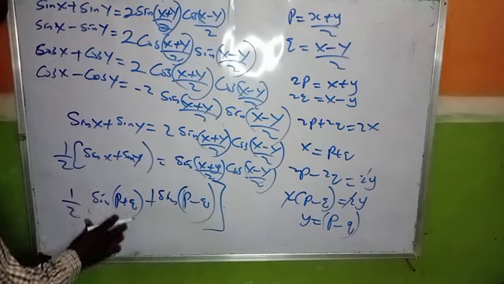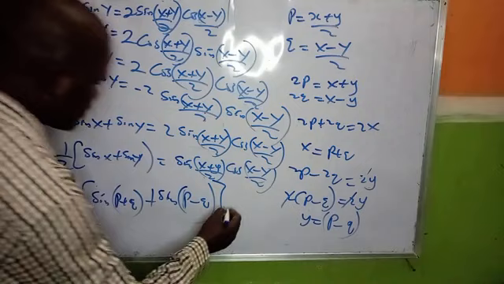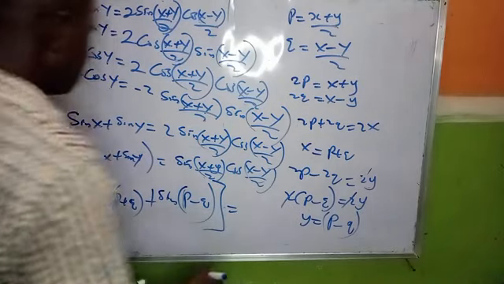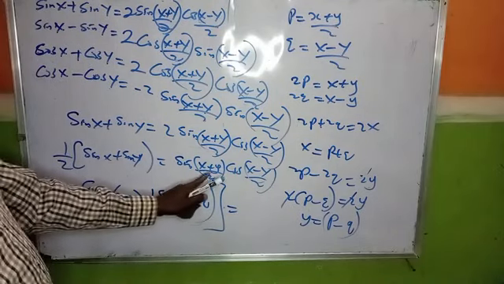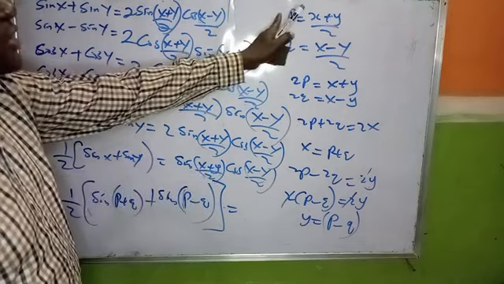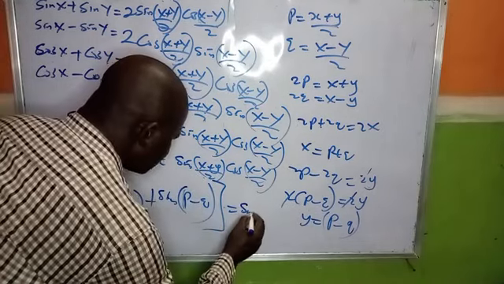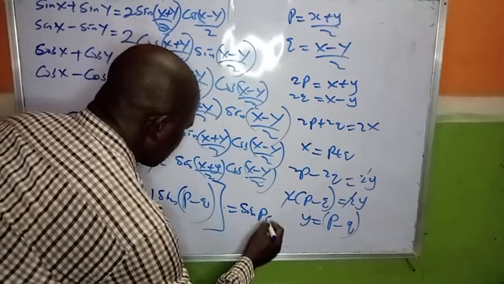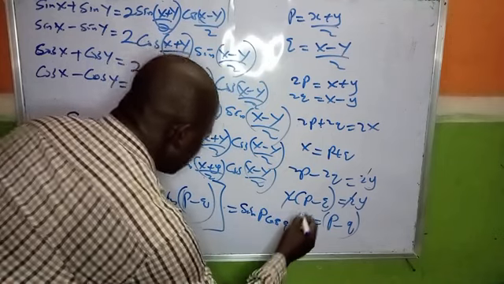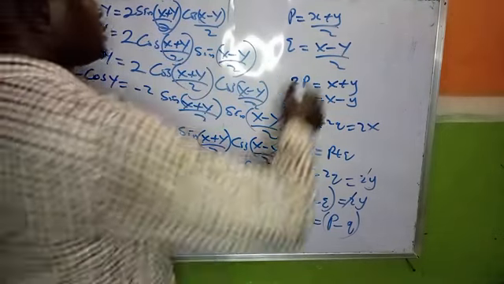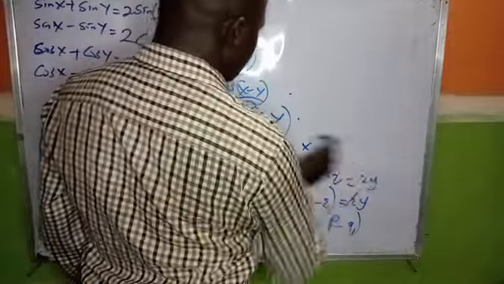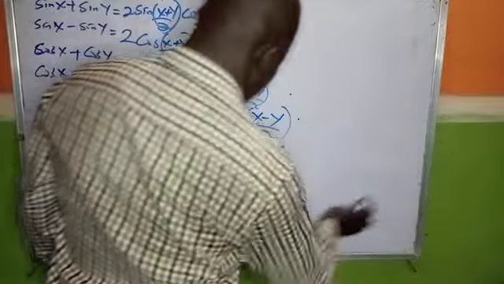Here you put it in parentheses. So equal to, now here what you use to represent this one is p. So you will have sine p cos q. So that is it. You have sine p cos q.